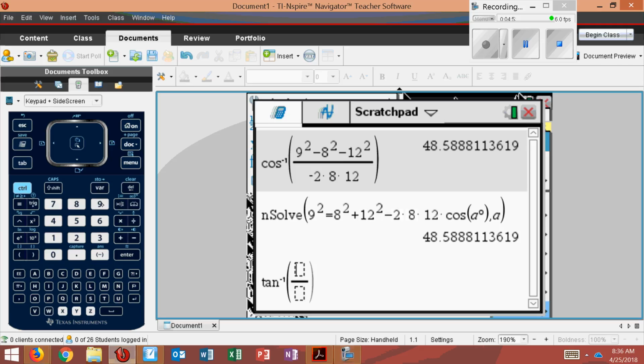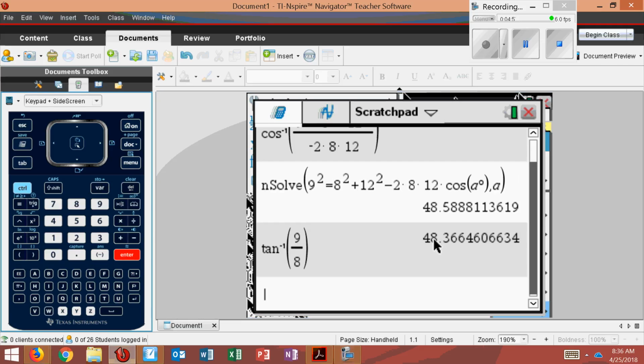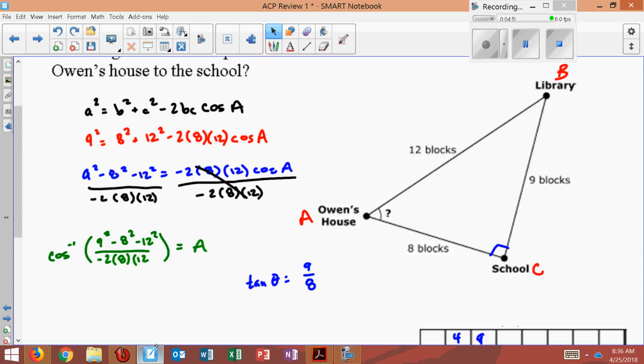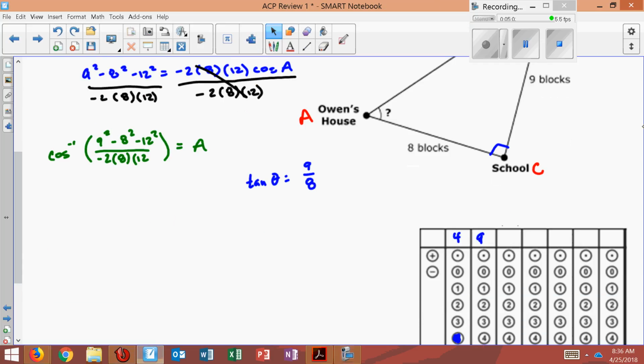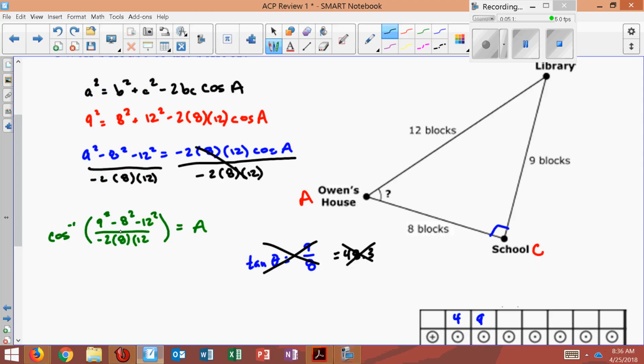You can see that this is 48 degrees, and so it would have given us the wrong answer. This is not the way of doing it, because that would have given us 48.3, and that is not accurate. So anyways, the proper way of doing this would be the law of cosines.